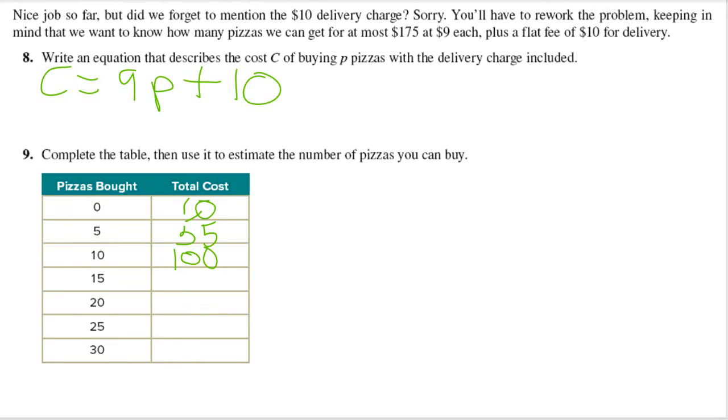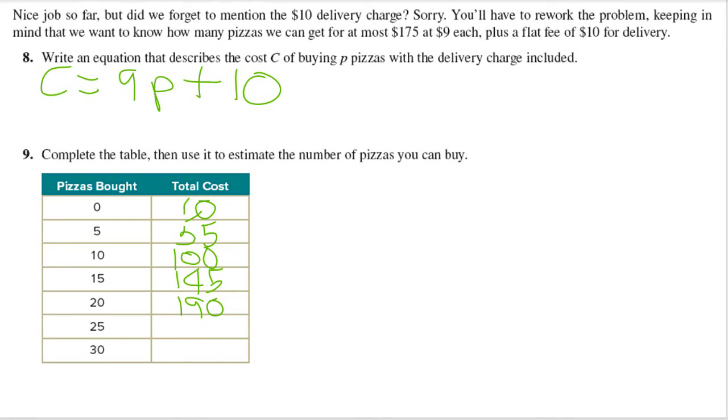$90 for the pizzas plus $10 for the delivery charge. 90 plus 45 is 135 for the pizzas, 145 with the delivery charge. So 180 for the pizzas. If you order 20 pizzas, $180 plus $10, 190.